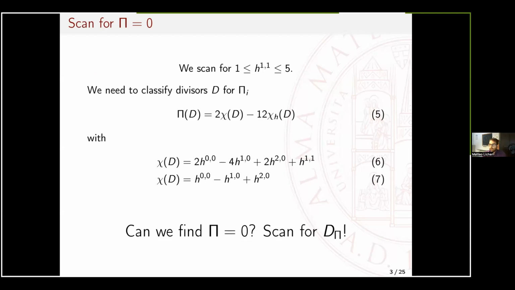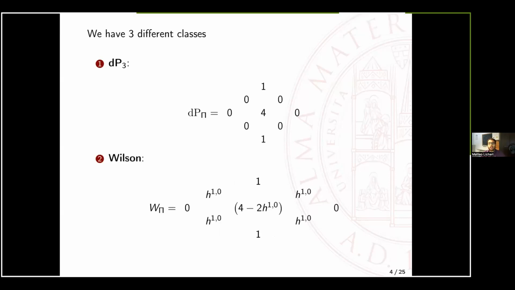We ask, can we find Pi equals to 0? We perform a scan for such divisors that we call D_Pi. And we identified 3 different classes where this can happen. The first class is a del Pezzo, so dP3. In this case, we have that h20 is 0 and h10 is also 0, so there is only this possible Hodge diamond.